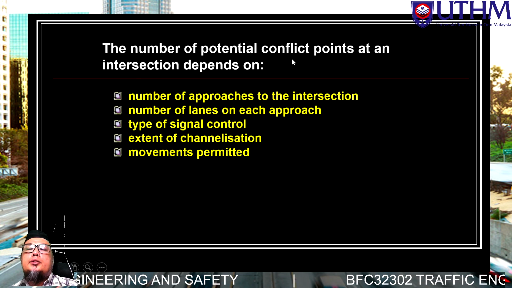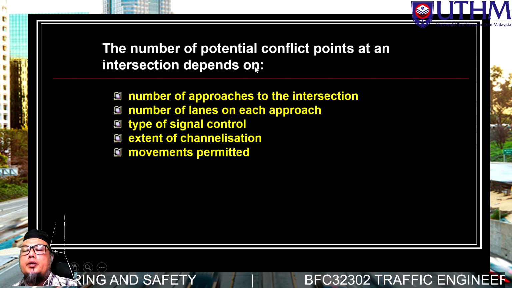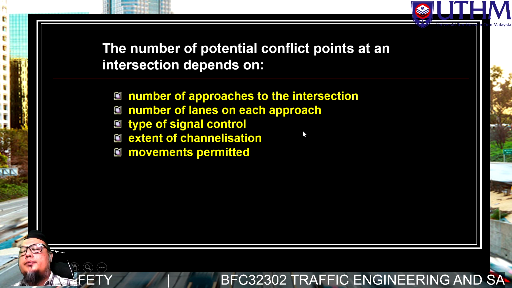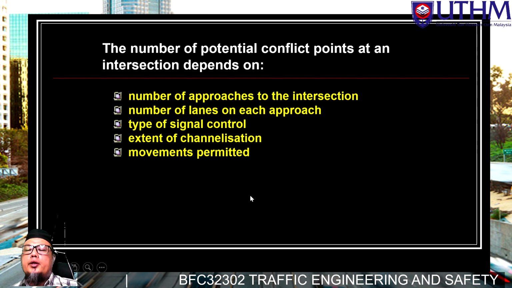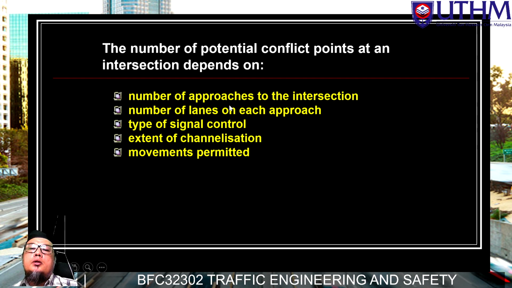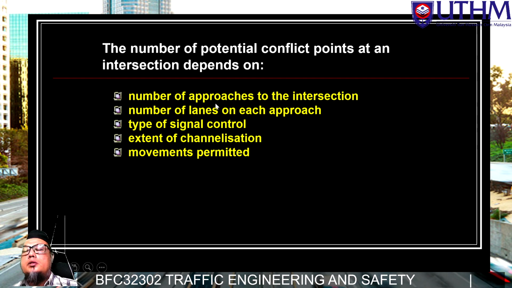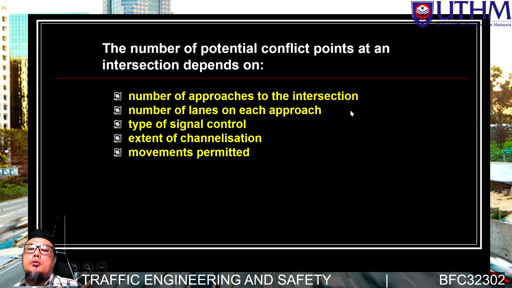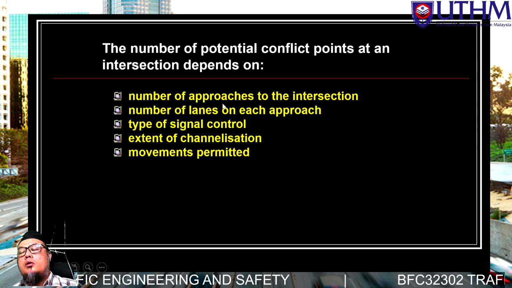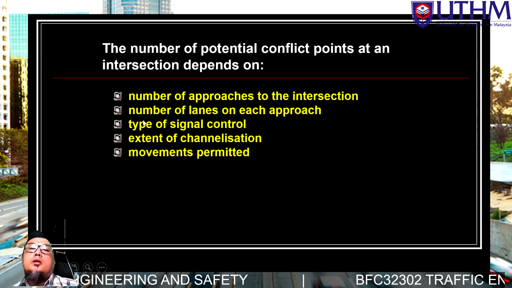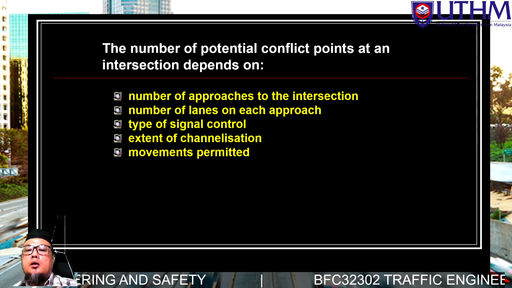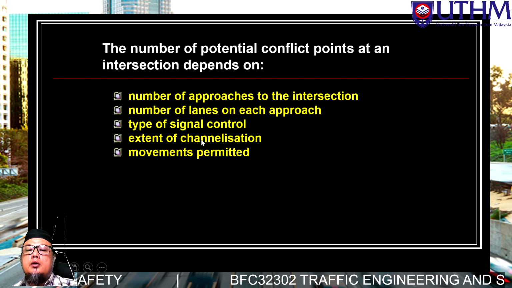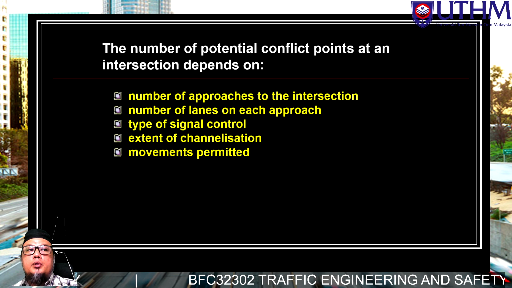Okay, the number of potential conflict points at an intersection depends on the scenario, where the number of traffic conflict points at a particular intersection depends on this series of situations: number of approaches of the intersection, from one type of intersection to another they have a different number of approaches or different number of lanes, number of lanes per approach, type of signal control, extent of channelization, and movements permitted.